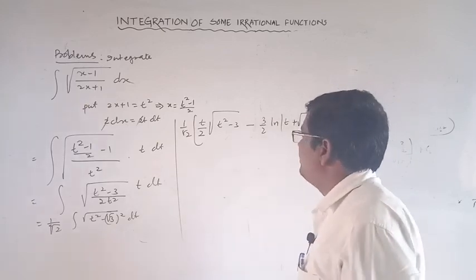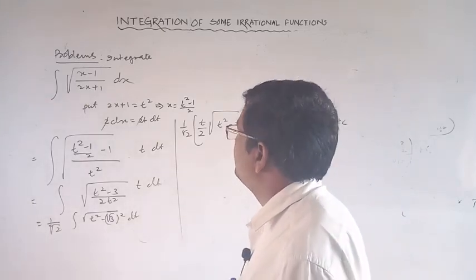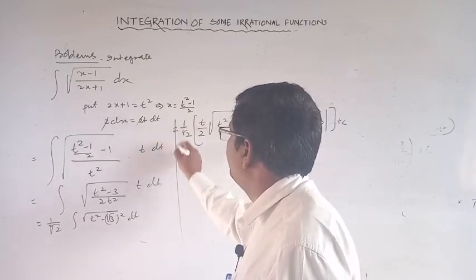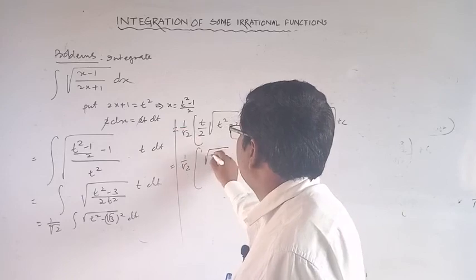And what is the value of t here? The value of t is root over 2x plus 1.